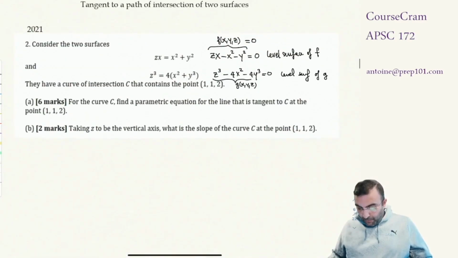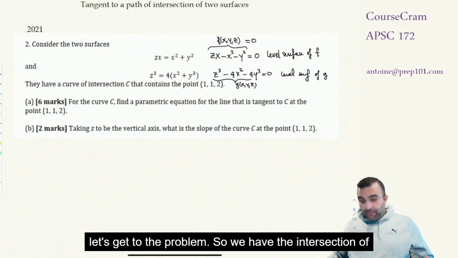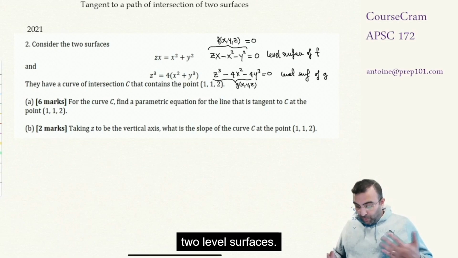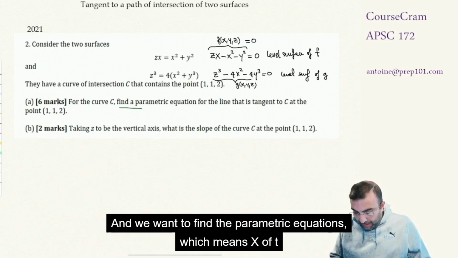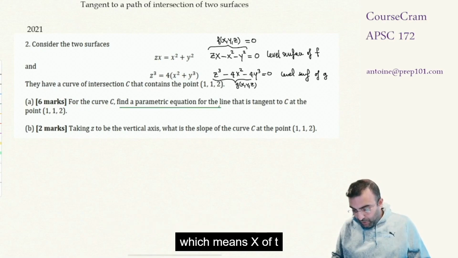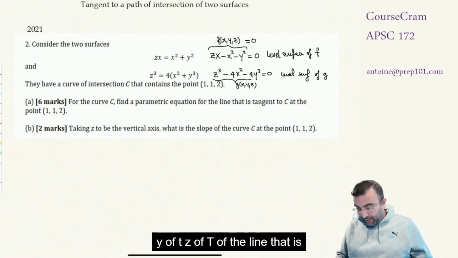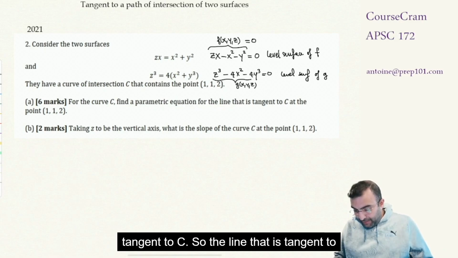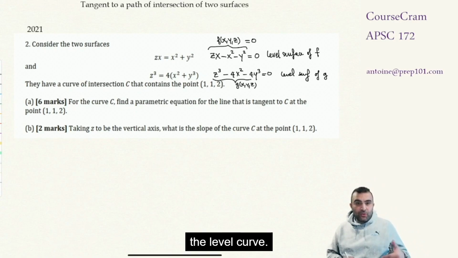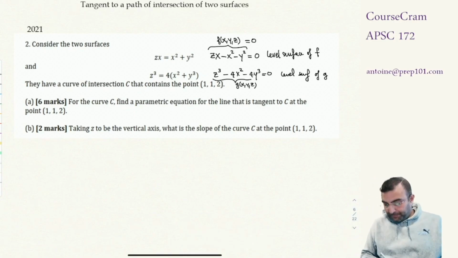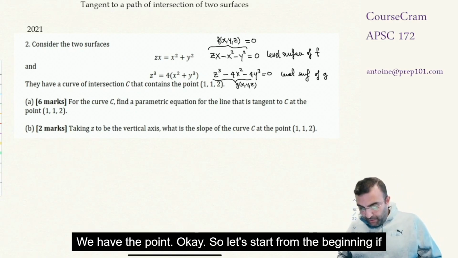All right, so let's get to the problem. So we have the intersection of two level surfaces, and we want to find the parametric equations, which means x of t, y of t, z of t, of the line that is tangent to C. So the line that is tangent to the level curve. We have the point. Okay, so let's start from the beginning.